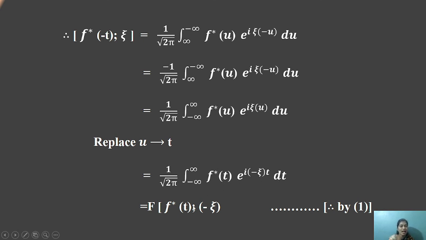Then by using the first formula of the Fourier transform, the transform of f star of t at minus xi is obtained. This example is solving the problem under that condition. In the first step, the formula is noted in this form as equation 1.